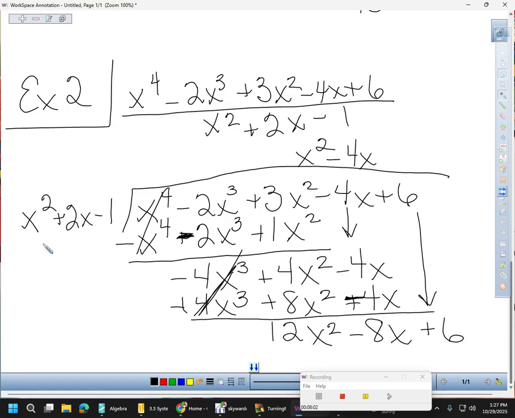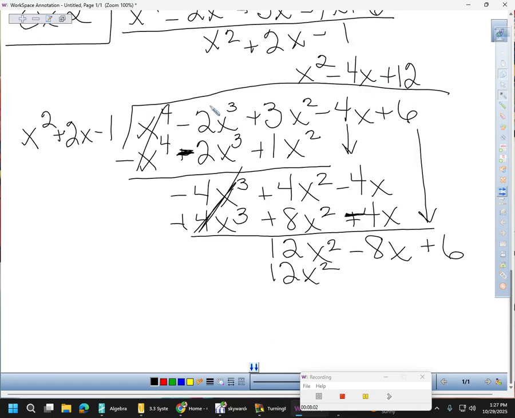What times x squared is going to give me 12x squared? 12. Okay, so plus 12 goes right here. 12 times x squared is 12x squared. All right, 12 times 2x is 24x.